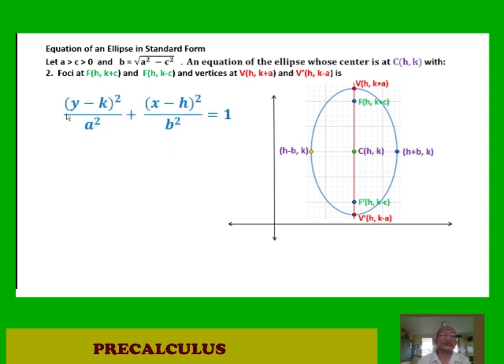Its corresponding equation is (y minus k) squared over a squared plus (x minus h) squared over b squared equals 1. B again is the same, b squared equals a squared minus c squared. Or supposing c is unknown, a and b are given, this is the equation. So this is the major axis.